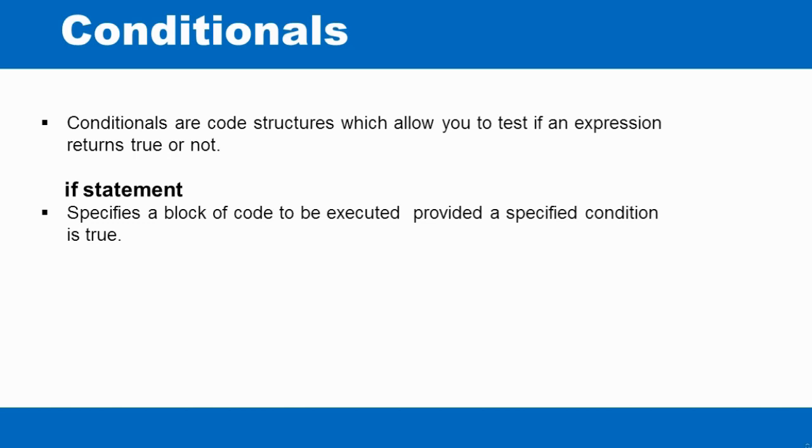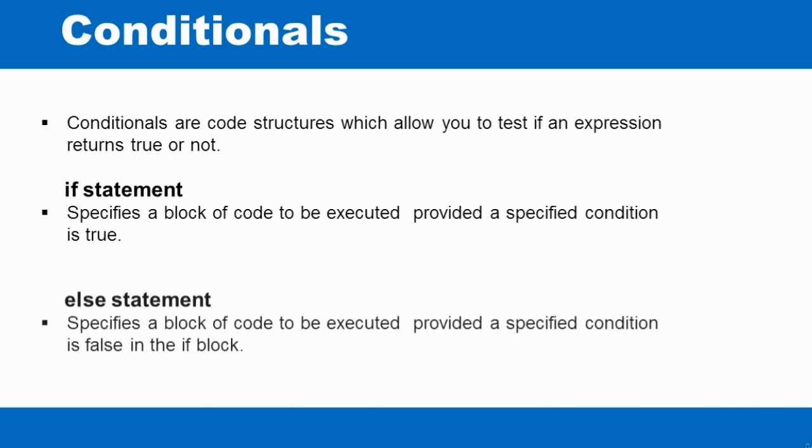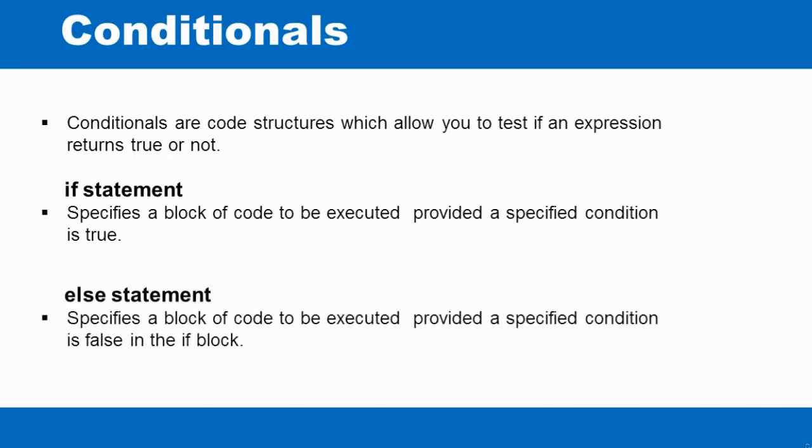We also have an else statement, which checks if the condition set within the if statement is true or false. If that is false, then the code inside the else block will execute. So the else statement will only come into effect if the condition set within the if statement returns false.